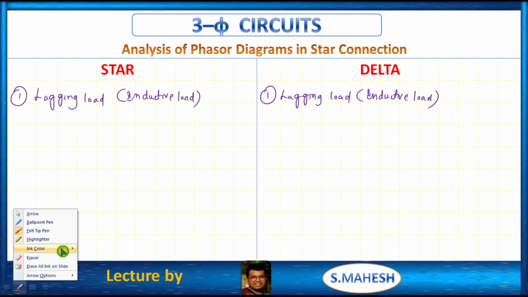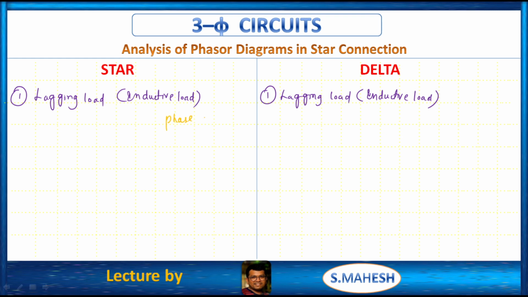Inductive load means what? The common point for every connection: phase current lags phase voltage by phi. Lagging load means phase current lags phase voltage by phi. That's it.